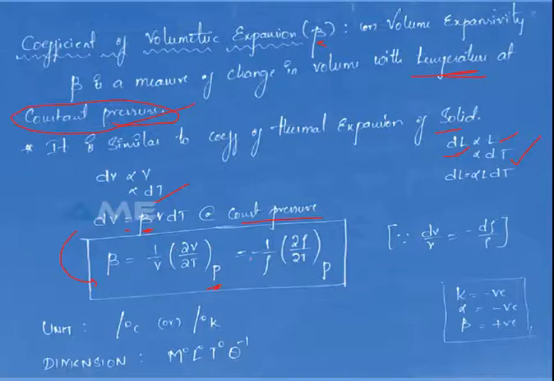And that equals, you can replace this with densities, which is rho. See here, change in volume with respect to the volume is equal to change in density by density. So now you can simply remember this. Bulk modulus, or isothermal compressibility, is negative, but the coefficient of volumetric expansion is positive.